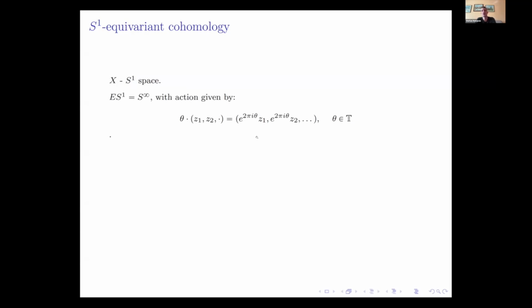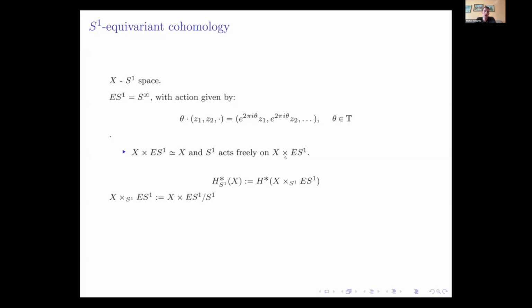So for instance, that can be S infinity. And then when we consider a product of these two spaces, because ES1 or S infinity is contractible, it's homotopic to X. And then in addition, if we consider the diagonal action on a product, it's free because it's free on S infinity.